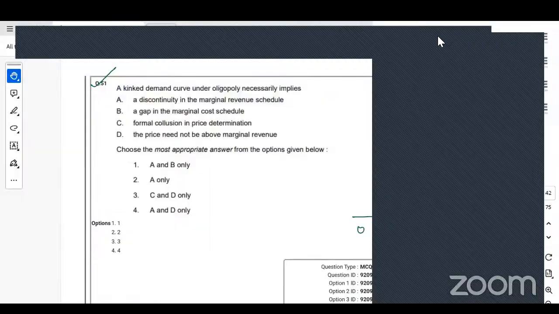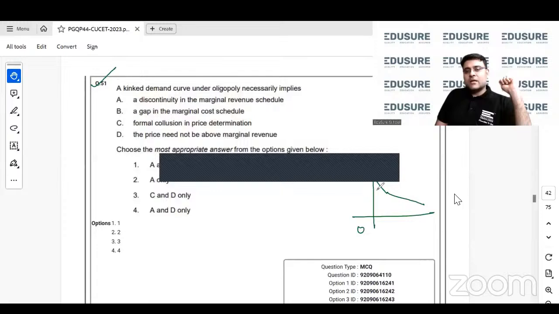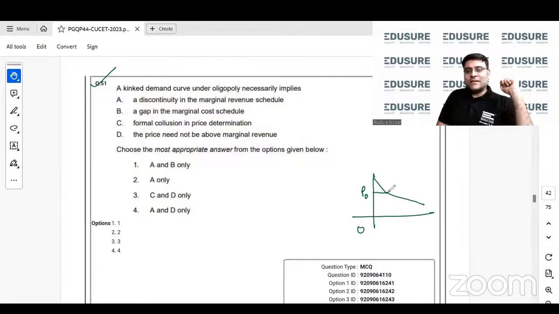CUET 2023 question number 51. A kinked demand curve basically looks like this. What happens is that below a particular price, the demand exponentially increases. Okay, this basically also happens, and what happens in the model along with this is as the prices are increasing, if one of the firms is increasing the price, the other does not increase the price in order to get more of the market share.